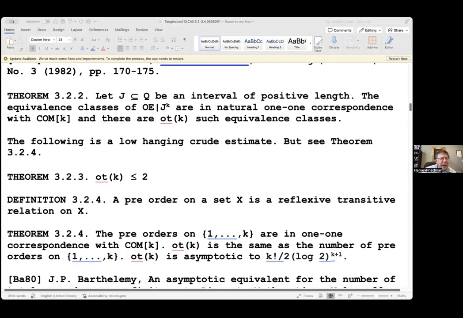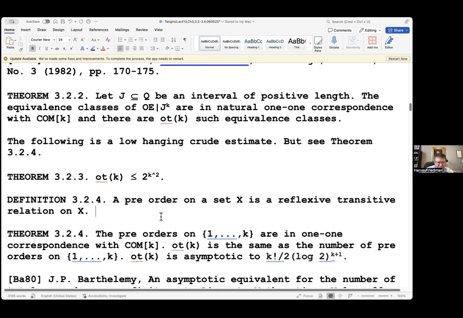Ah, 2 to the k squared. Yeah. I was too lazy to think it through again, so I had to look it up. So you get an estimate like that.